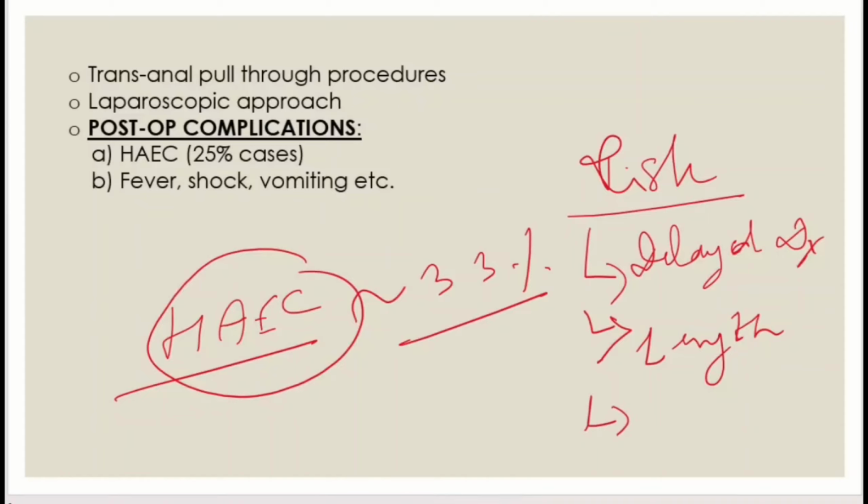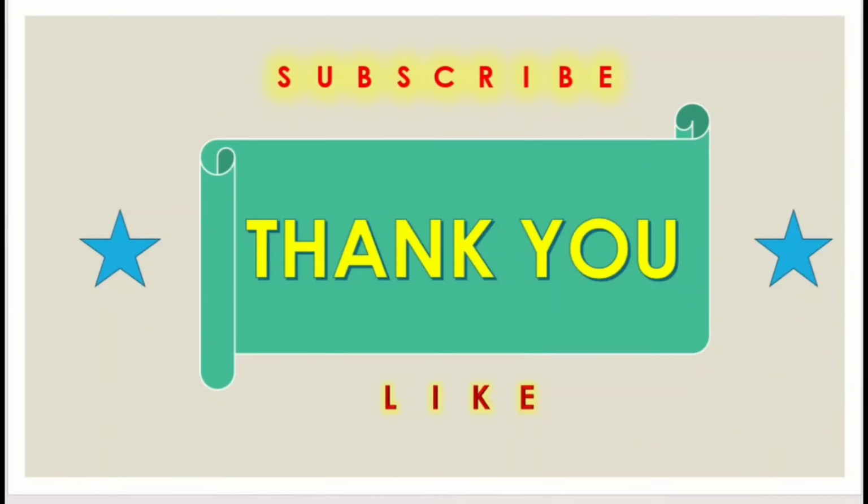The length is also related to high mortality. Another important factor is if the child is having other comorbidities or genetic defects like Down syndrome, then also the risk of Hirschsprung associated enterocolitis increases.